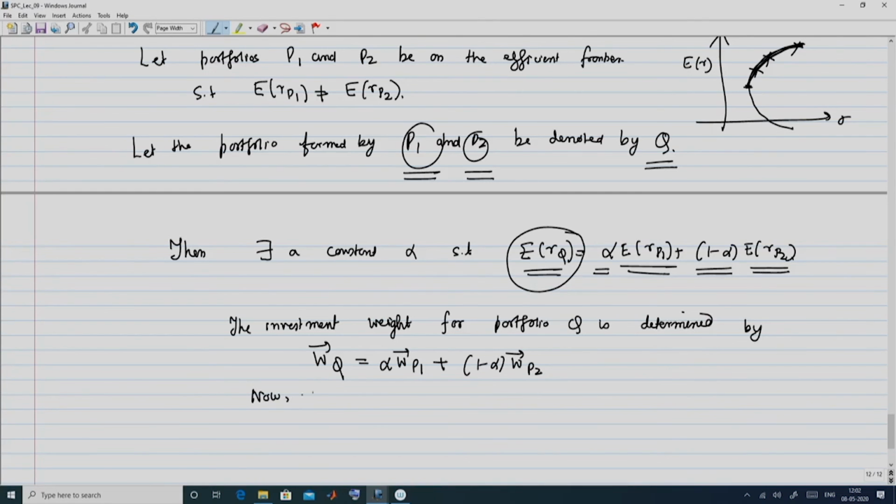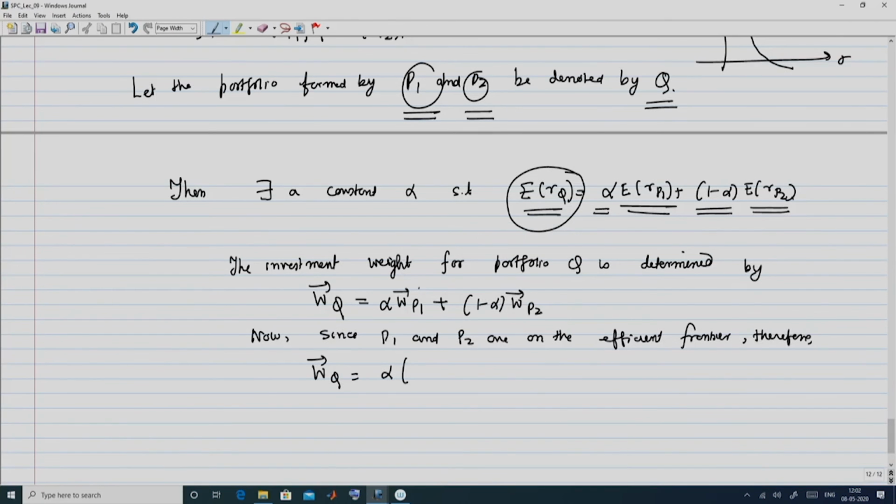Now, since we began with P1 and P2 being on the efficient frontier, therefore, WQ is going to be what? It is going to be alpha.